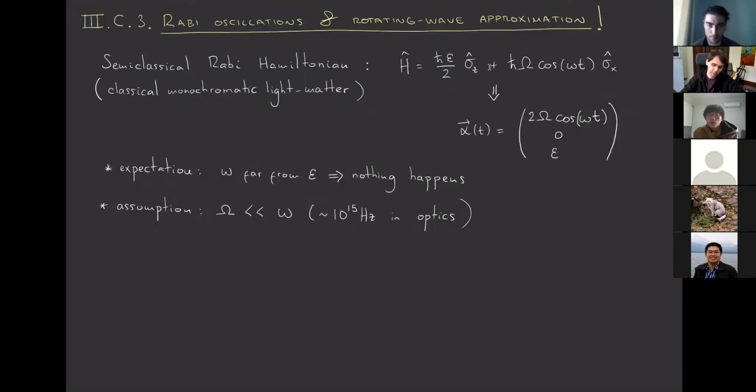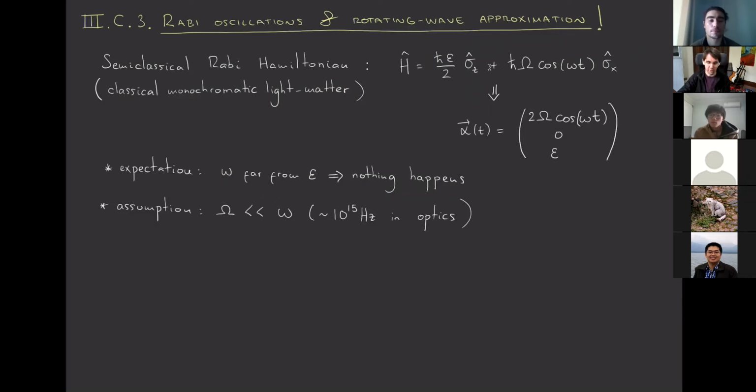So then, because this is the interaction between matter and classical light at some frequency omega, we already have an expectation, which is that if the frequency is far from the atomic transition, from the matter transition, then we expect that nothing happens. That's how we started the chapter and the two-level approximation.